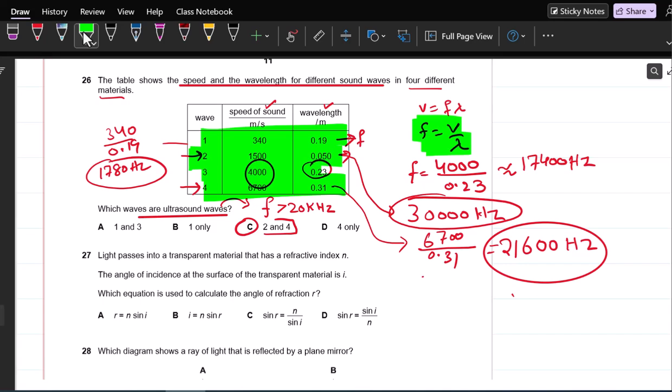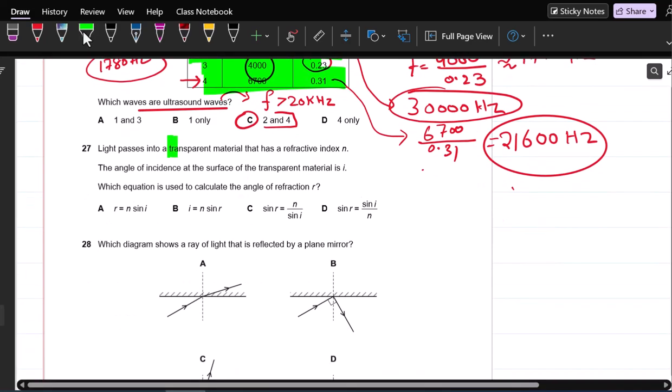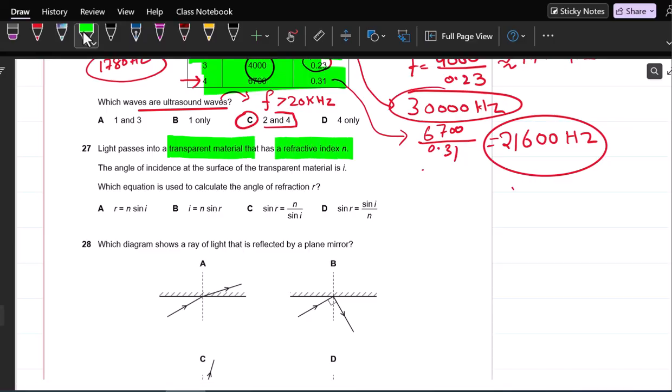Now question 27. Light passes into a transparent material that has a refractive index n. The angle of incidence at the surface of the transparent material is i. Which equation is used to calculate the angle of refraction? Light passes into a transparent medium.